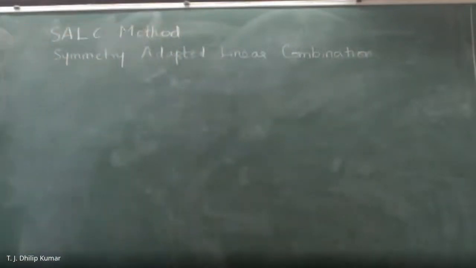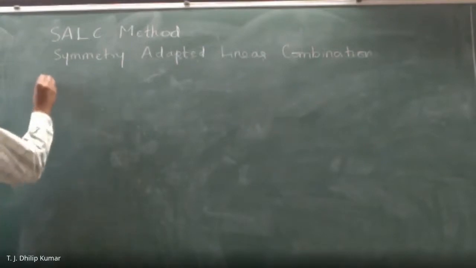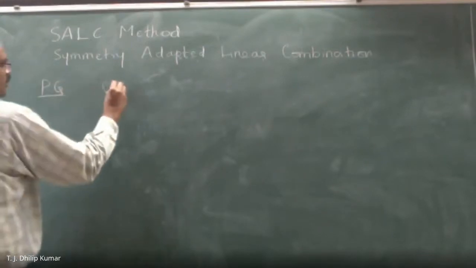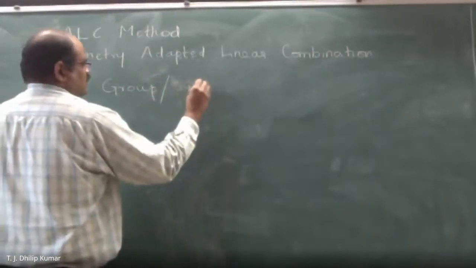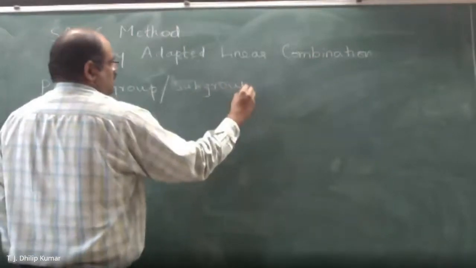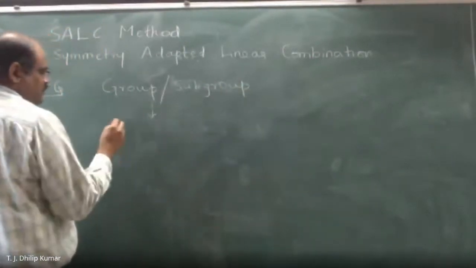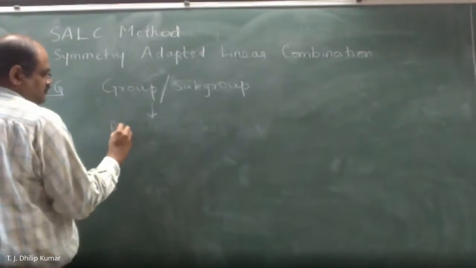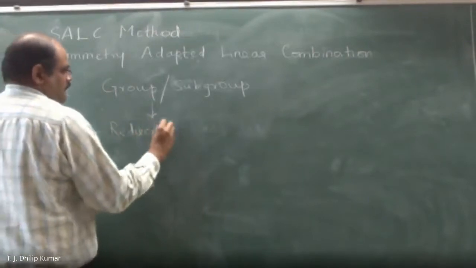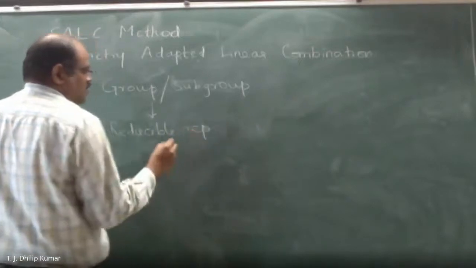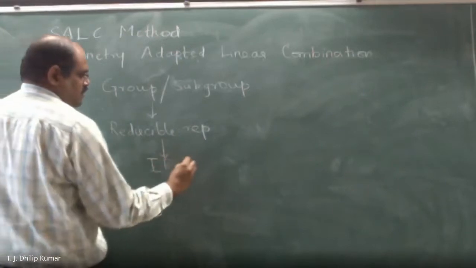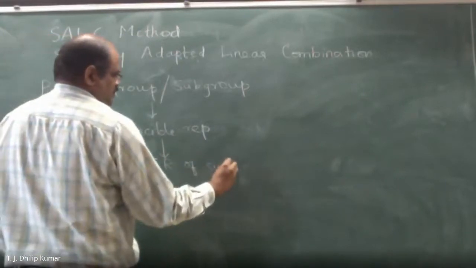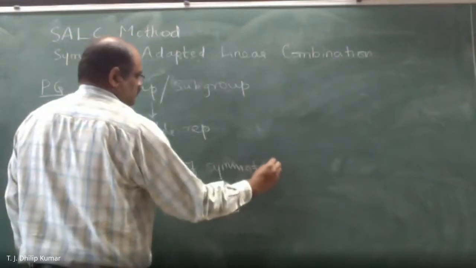So what we did was we just chose the point group. It could be a group or a subgroup. And from that we got the reducible representation. And then by the reduction method, we got the IRs of the symmetries.